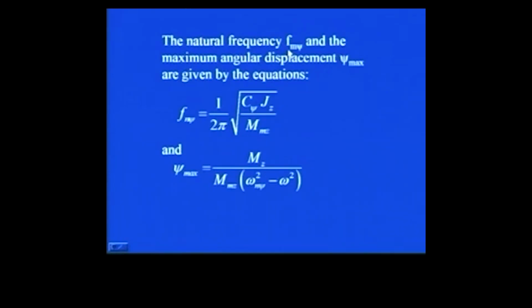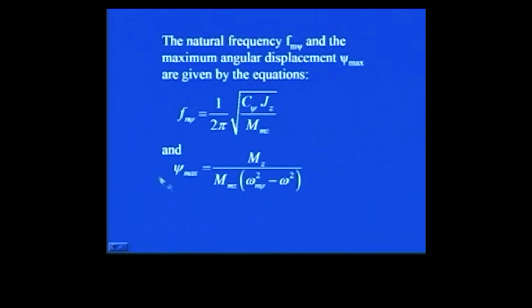So the natural frequency f n psi and the maximum angular displacement, psi max, are given by these equations: f n psi is equal to 1 by 2 pi square root of C psi Jz by Mmz, where Jz and Mmz I have already told you what they mean, and psi max is equal to Mz divided by Mmz into bracket omega n psi square minus omega square.